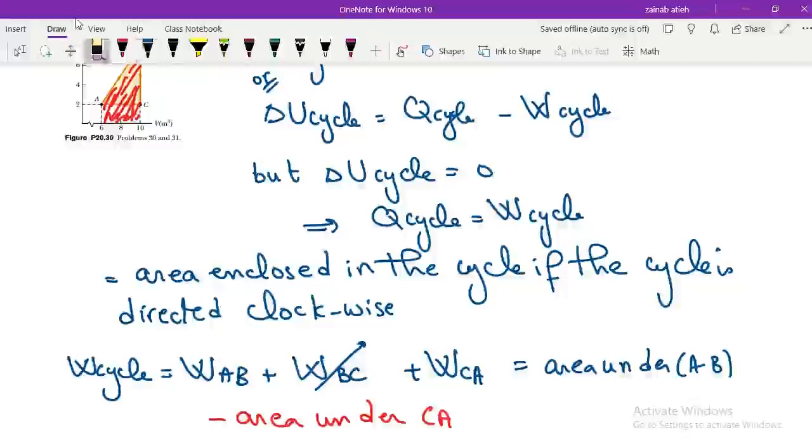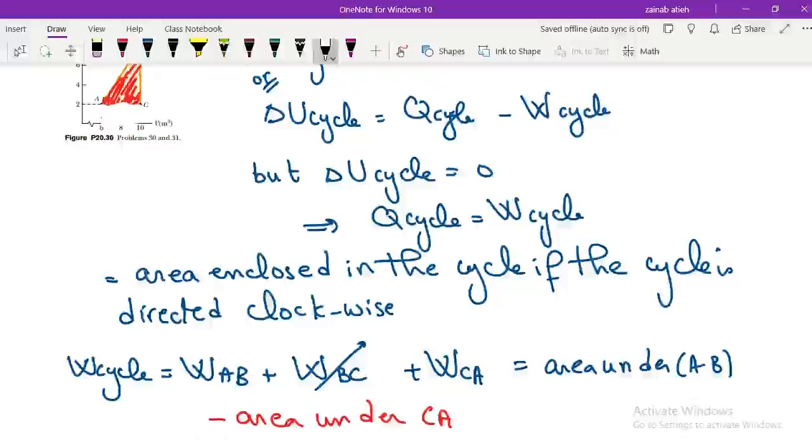So let's erase. If I have this area under AB and I subtract from it the area under CA, what remains is the area enclosed inside the cycle. So every time I want the work of the cycle, I can say that the work of the cycle is equal to the area trapped inside it.